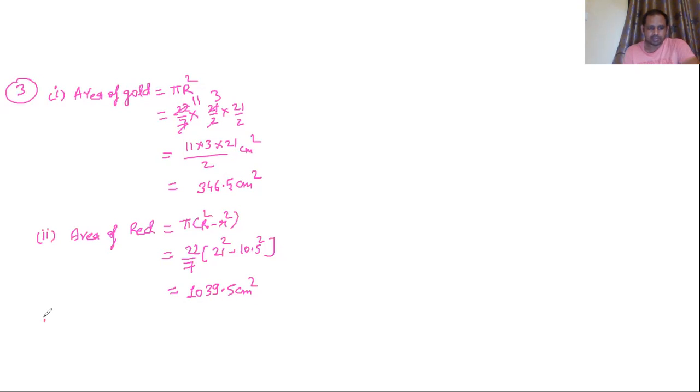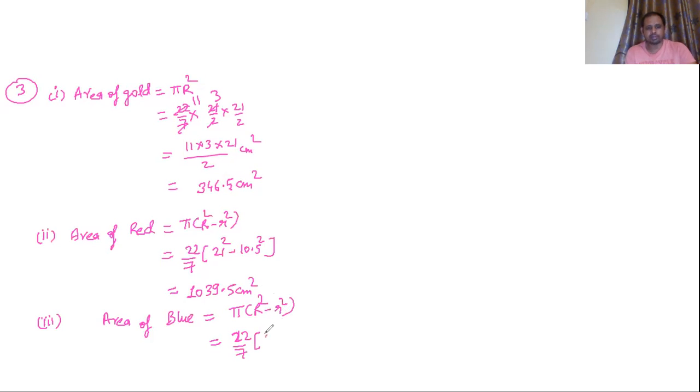Now third, we have to find the area of blue. Therefore, for the area of blue, we are going to use the same formula which we have used in the second one. The area of blue is nothing but pi, again capital R square minus small r square, but here the capital R will be 21 plus 10.5. 21 plus 10.5 is how much? 31.5.